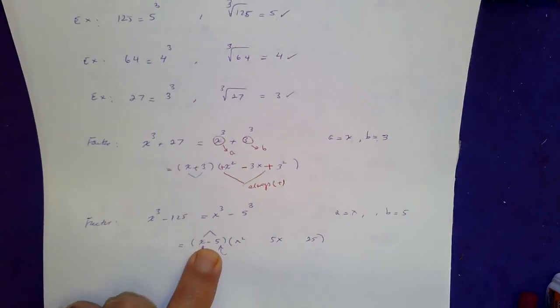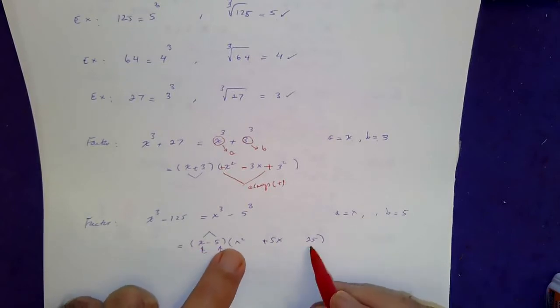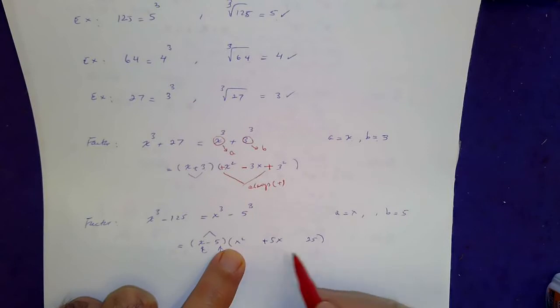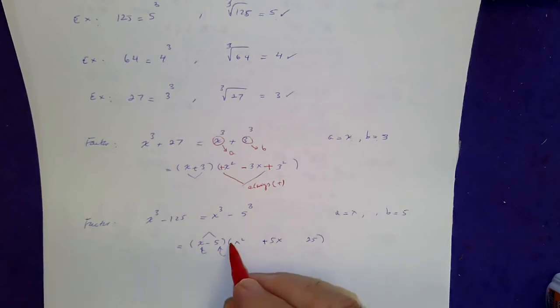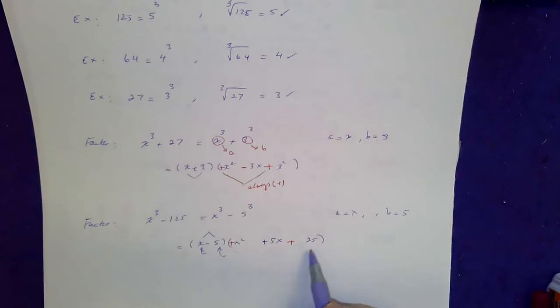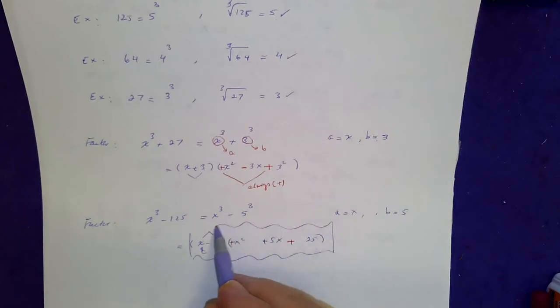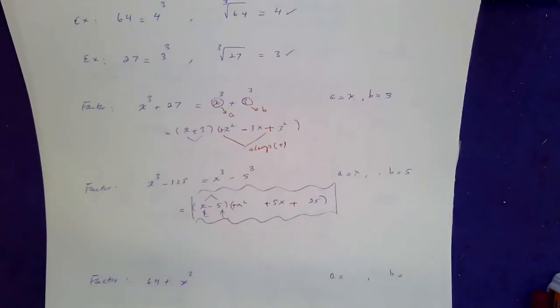If this one is negative, this one has to be positive. What about these two on the left and the right side of this trinomial? They're always positive, always. So the answer is (x - 5)(x squared + 5x + 25), and there's not much you can do with that. This is as far as it goes.